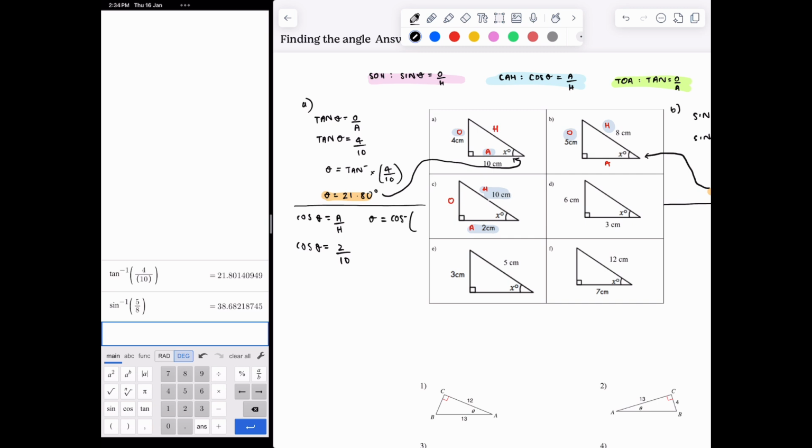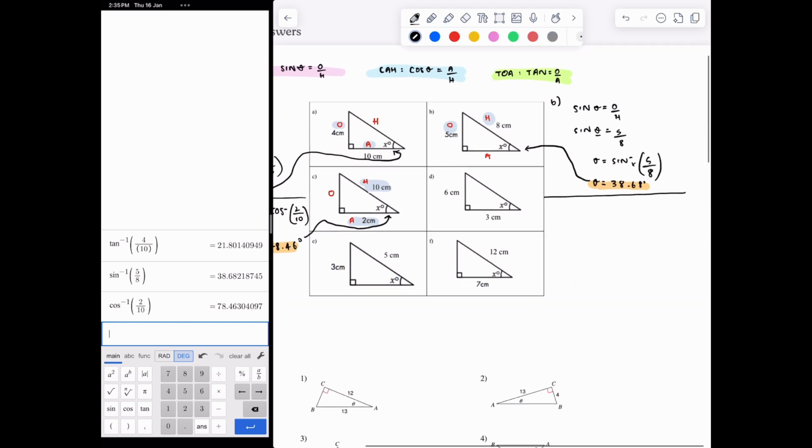So I've got inverse cosine times 2 over 10. Let's plug that into our calculator and let's see what it chugs out. 2 over 10, bracket, and that equals 78.46 degrees. Beautiful. All right, moving on to the next one.